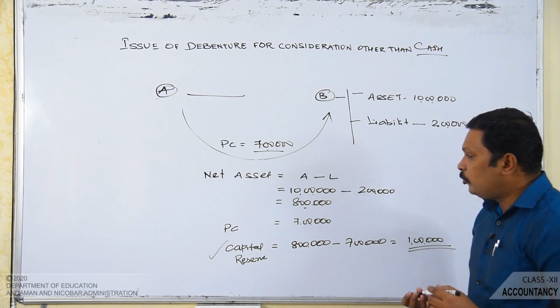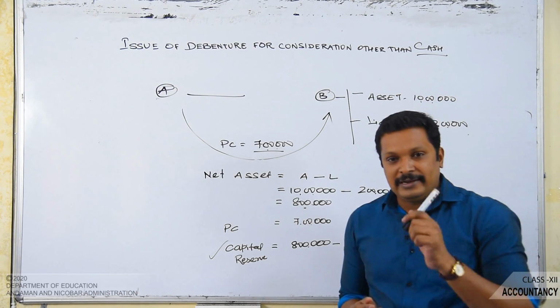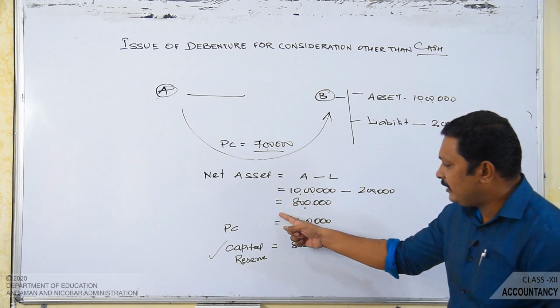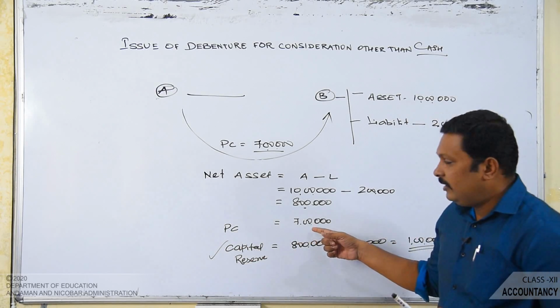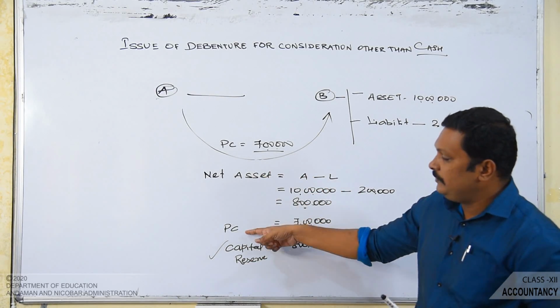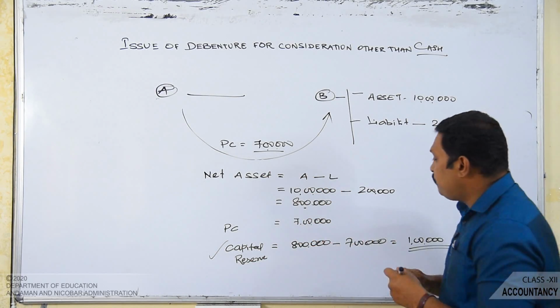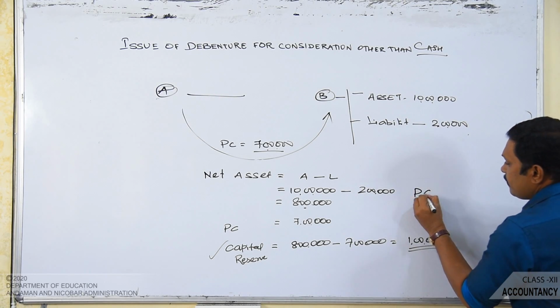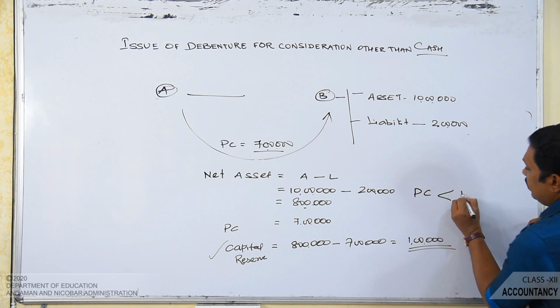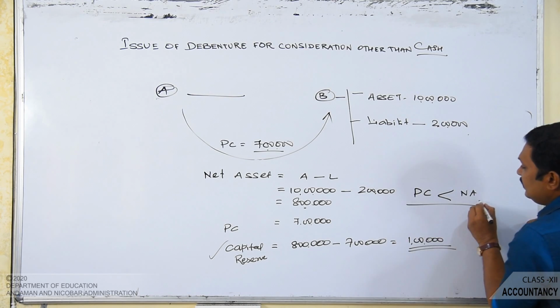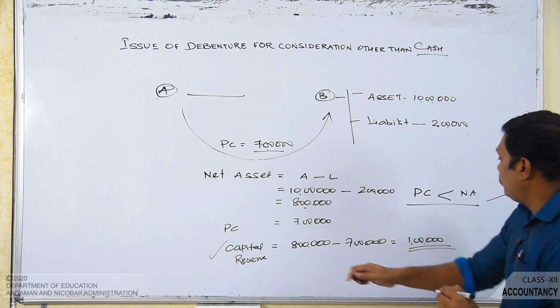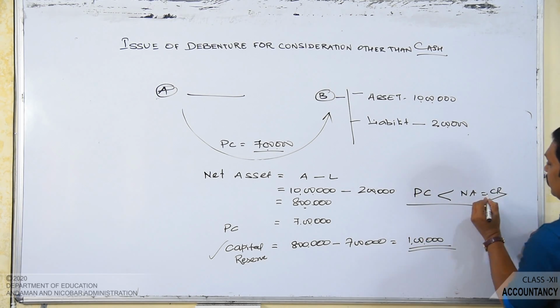Clear? So how to calculate? First of all, you have to calculate net asset. After that, you have to calculate PC, and compare net asset with PC. If PC is less than the net asset, then it will be termed as capital reserve.